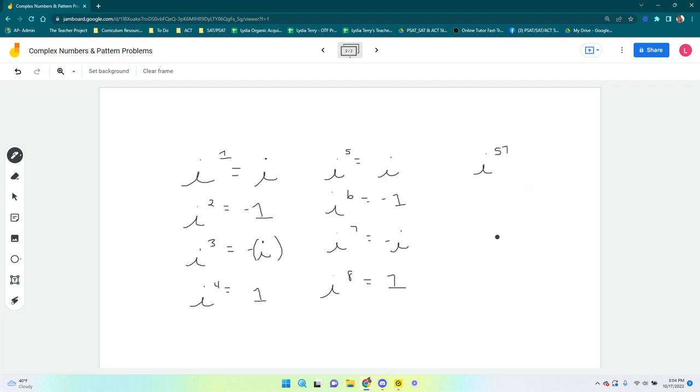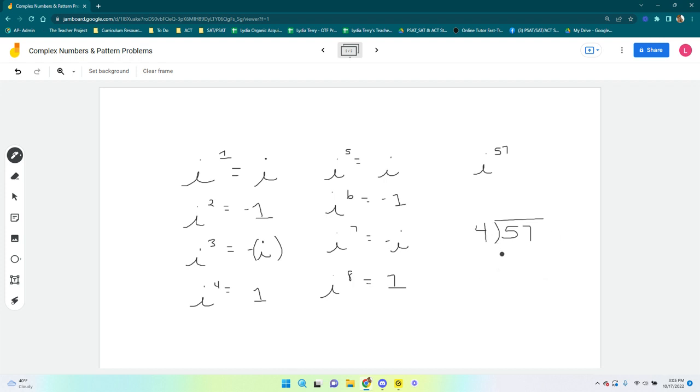What I want you to do is take the nth term, the number in the pattern, and put it under the divide sign. Then I want you to divide by the number in the pattern. There's not 8 in this pattern. It repeats every 4. So we're going to divide this by 4, okay?